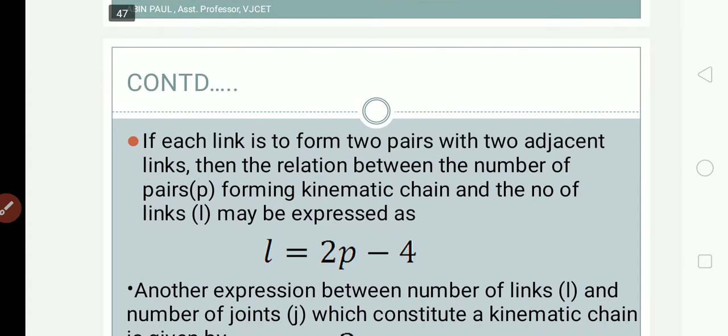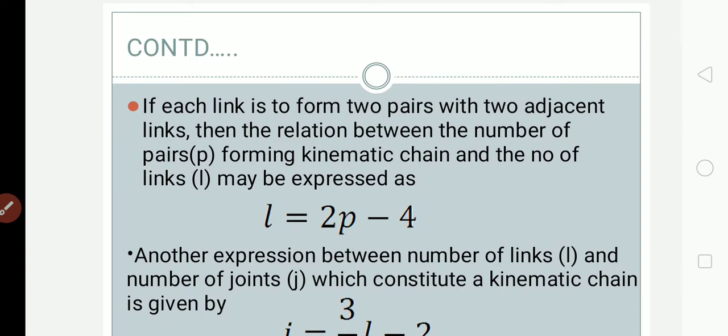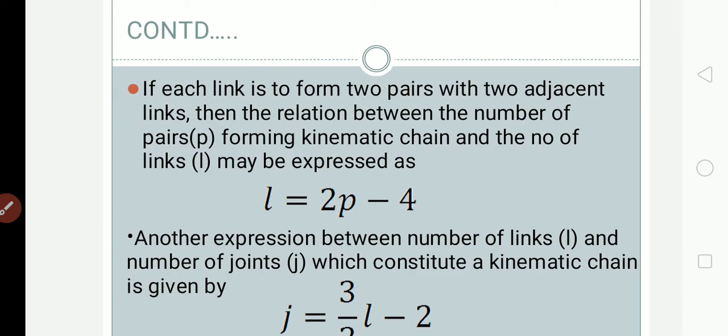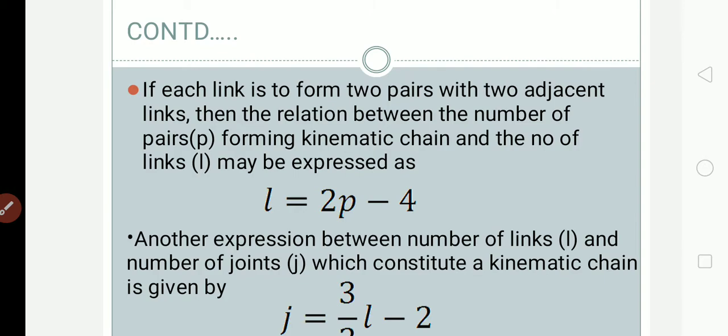Now there is a condition to form a kinematic chain. We have a relation between the number of links and pairs so that we can successfully form a kinematic chain. Now we will discuss that particular equation. If each link is to form two pairs with two adjacent links, then the relation between the number of pairs P forming a kinematic chain and the number of links L may be expressed as follows.